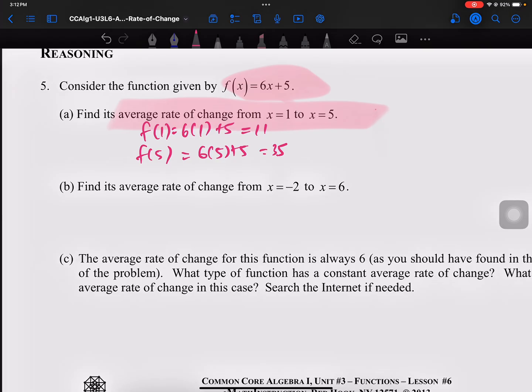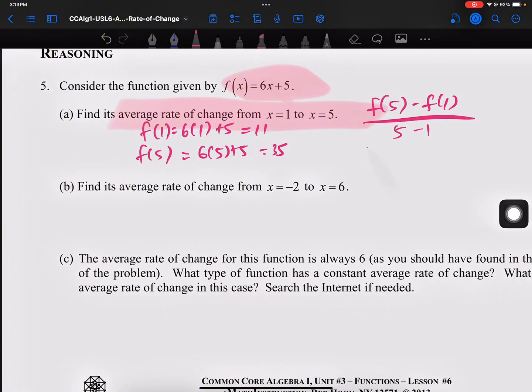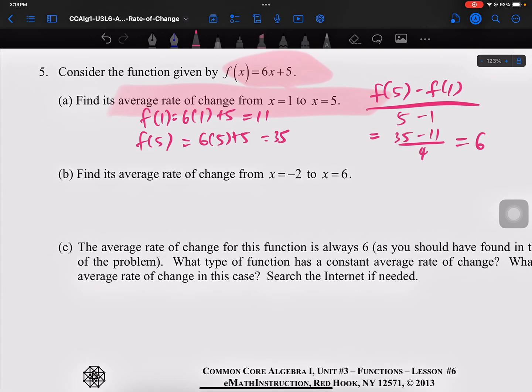We substitute into our formula: f(5) minus f(1) over 5 minus 1, which is 35 minus 11 over 4, which is 6. So for A, the average rate of change is equal to 6, meaning the function increases by 6 units every time x increases by 1.